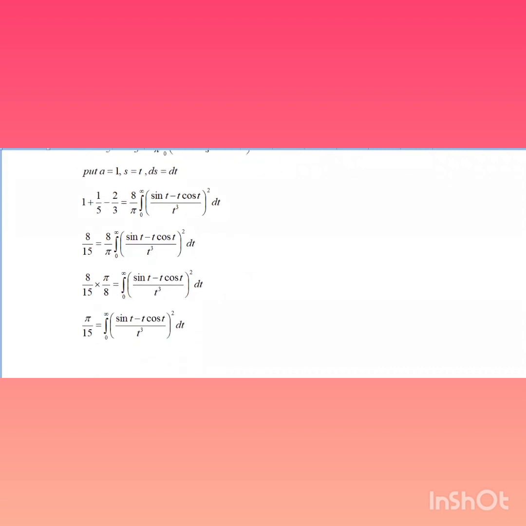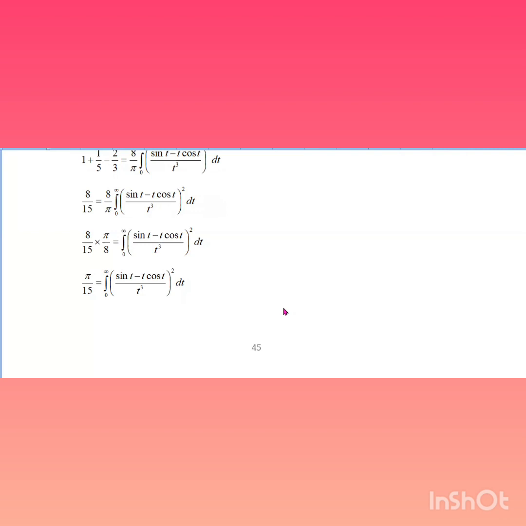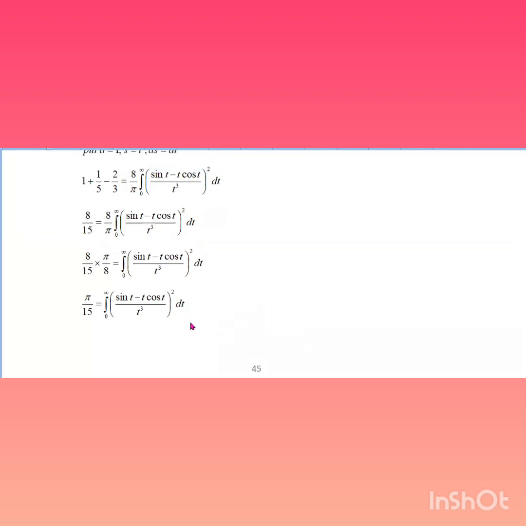So 8/15 times the right hand side factor; if it comes to the left hand side, it will be π/8. So 8/15 times π/8 is equal to the integral from 0 to infinity of ((sin t − t cos t)/t³)² dt. The 8s cancel, and the answer on the left hand side is π/15, which is equal to the integral over the limit 0 to infinity of ((sin t − t cos t)/t³)² dt.